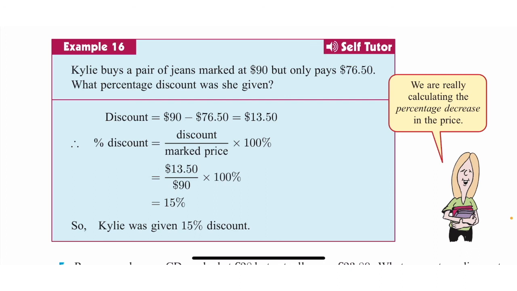Dollars are reducing. We are simplifying the dollars and we have only percentage now. So it equals 15%. Kylie was given a 15% discount for a pair of jeans.